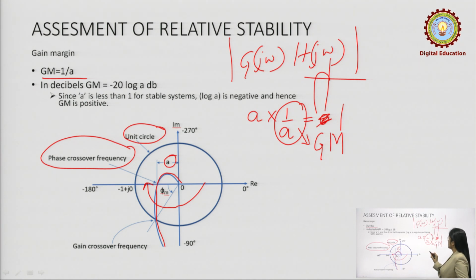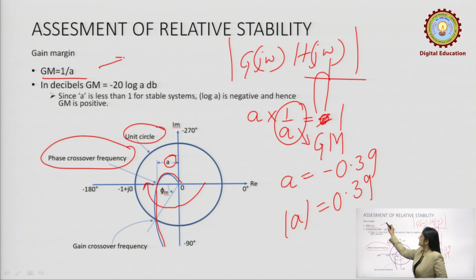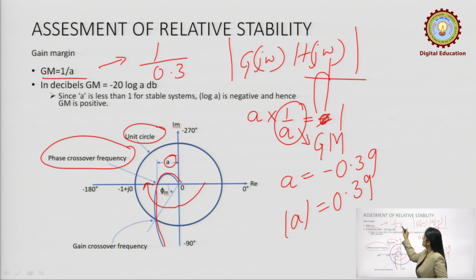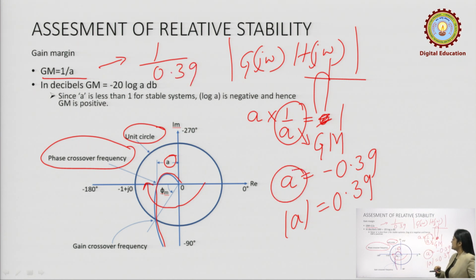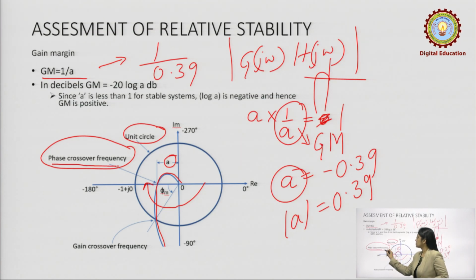For example, if we get the value of A as 0.39, the gain margin in that case will be 1/0.39. To obtain A, we find the frequency of G(j omega)H(j omega) where the phase angle is minus 180 degrees, and then find the magnitude A by substituting that frequency. That frequency is known as the phase crossover frequency.